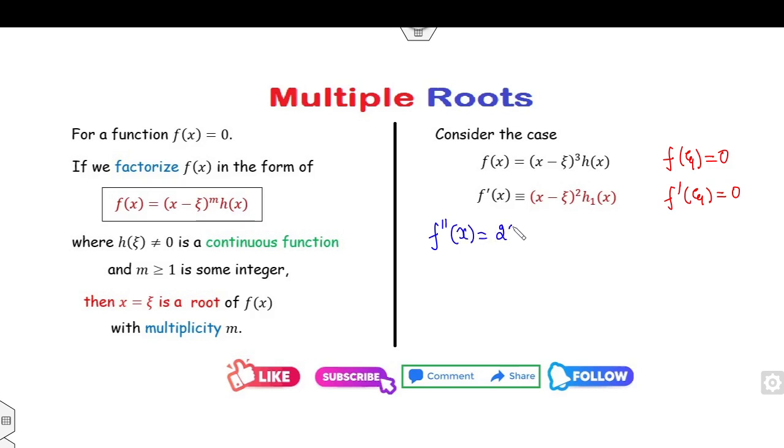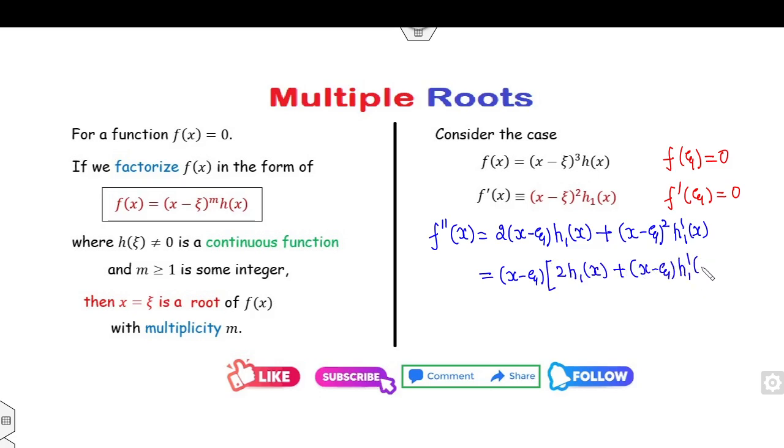It will be twice of (x minus xi) h1(x) plus (x minus xi) square h1'(x). So I can take (x minus xi) common, and whatever the remaining part I call h2(x). This is the component left behind.